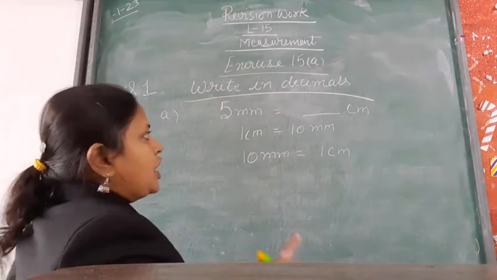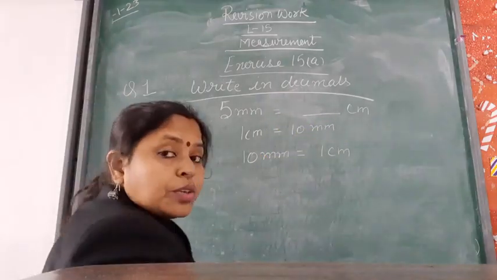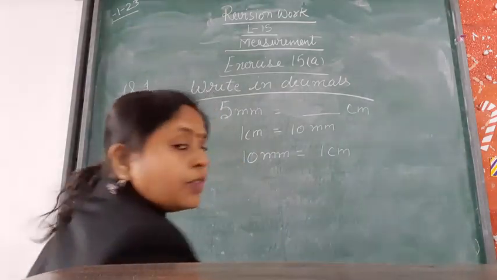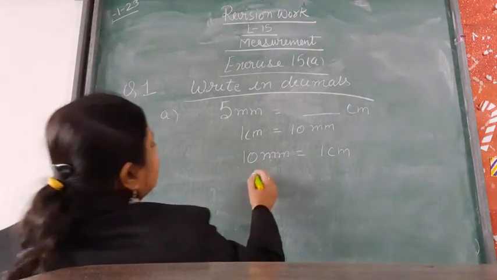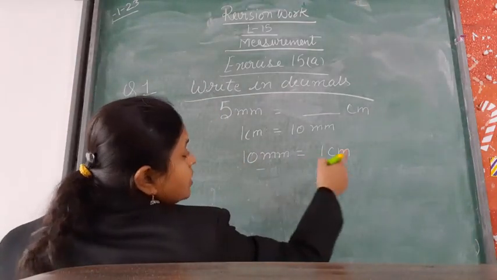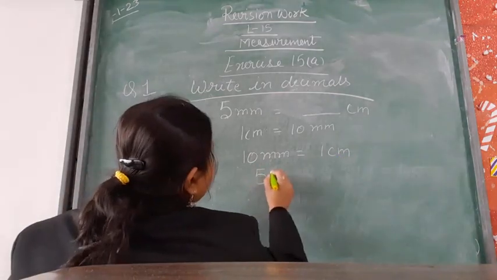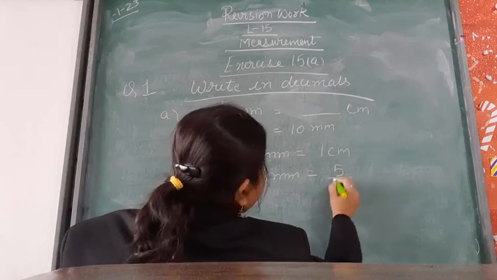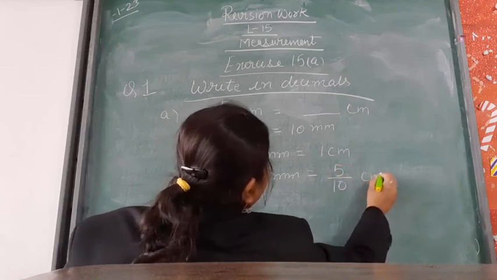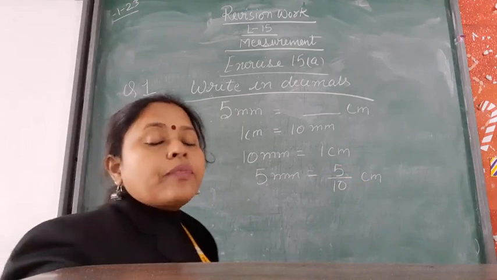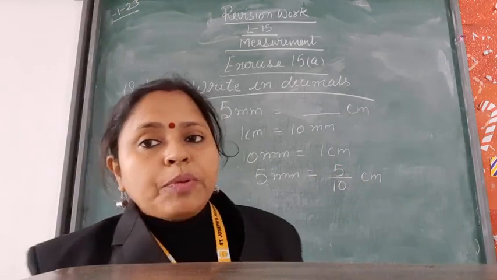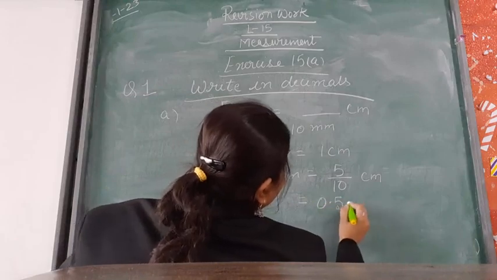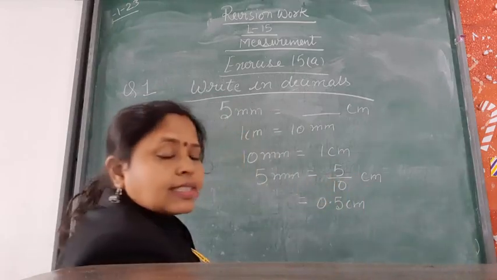Now, since we are changing smaller unit to bigger unit, we will divide. That is the principle of conversion. So, if 10 millimeter is equal to 1 centimeter, then 5 millimeter will be equal to 5 divided by 10 centimeter. And now we can write 5 by 10 centimeter in decimal form as 0.5 centimeter. And this is our answer.